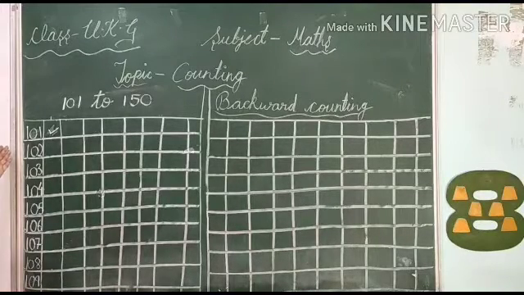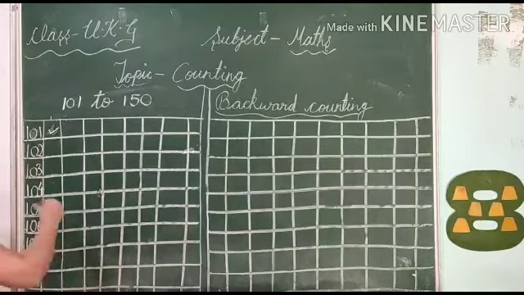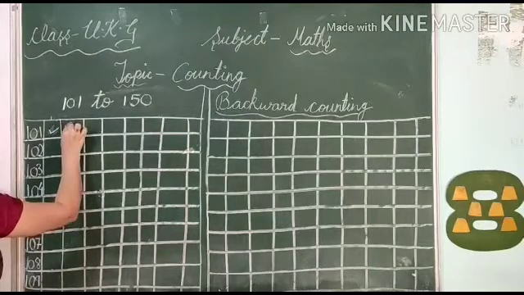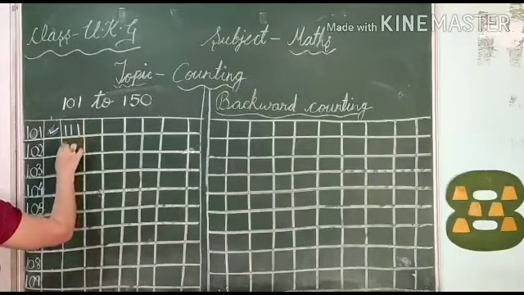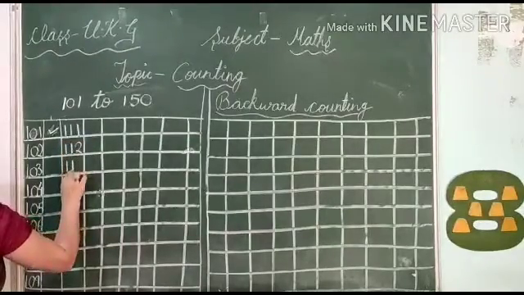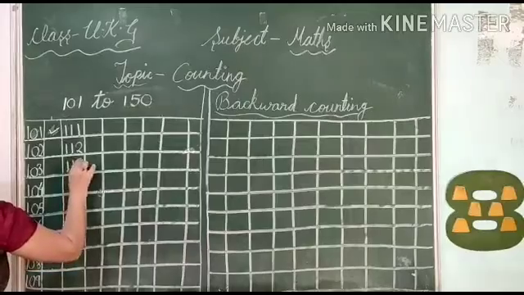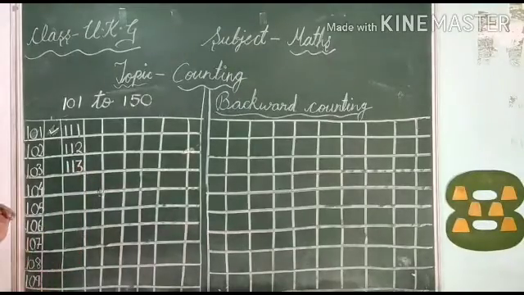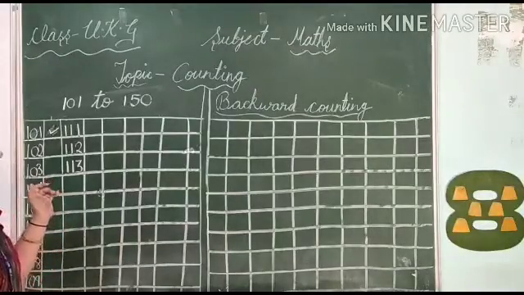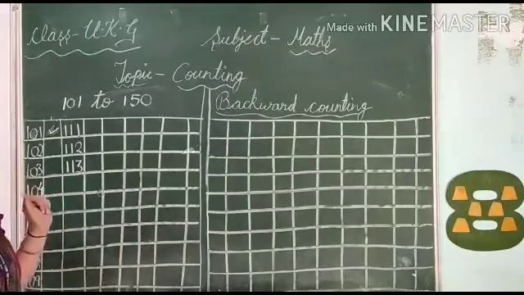See, you have written one line, then leave one line, and in the next line you have to start from 111, 112, 113, but touch the bottom line. If you do not touch the bottom line, that means you are writing wrong.